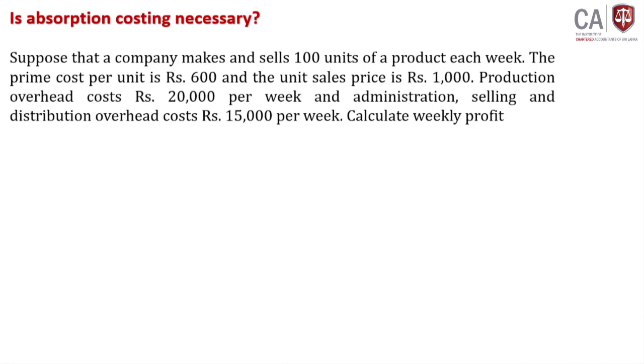The prime cost, which means the variable cost per unit, is rupees 600 and the unit sales price is rupees 1000. Production overhead cost is rupees 20,000 per week and administration, selling and distribution overhead cost is rupees 15,000 per week. Calculate weekly profit. So, the examiner's requirement is to calculate weekly profit.